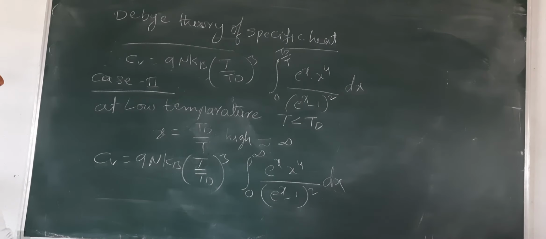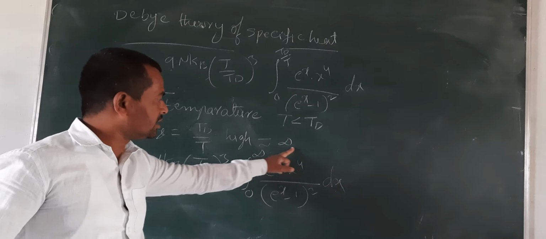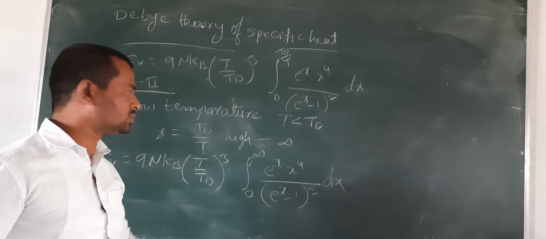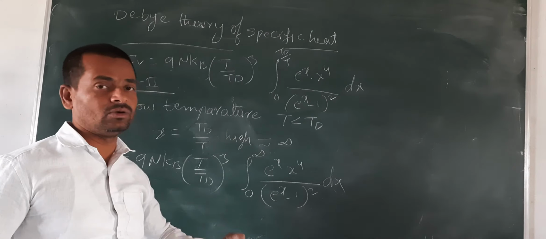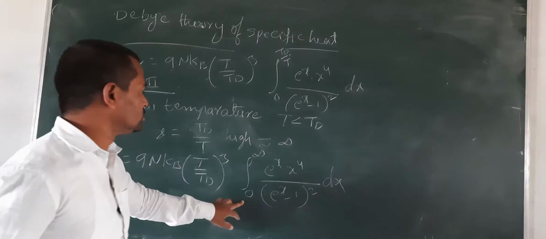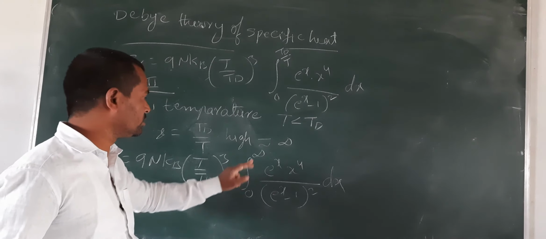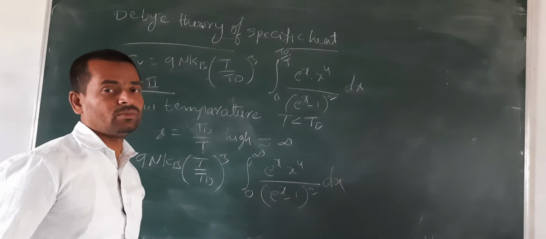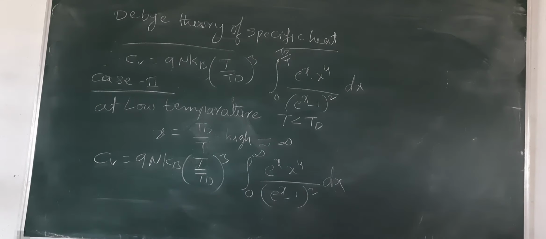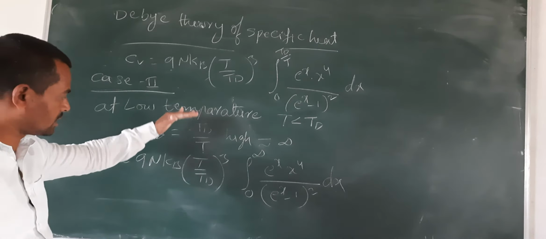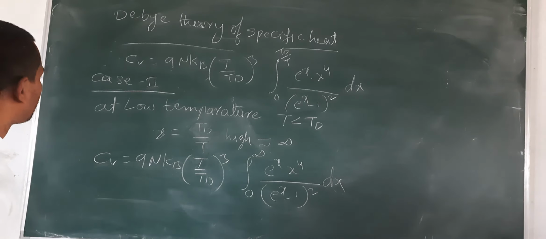Now this integral from 0 to infinity has one simple value. We can do this by the U by V method. Now I am going to erase this, because the remaining things we have to do here.